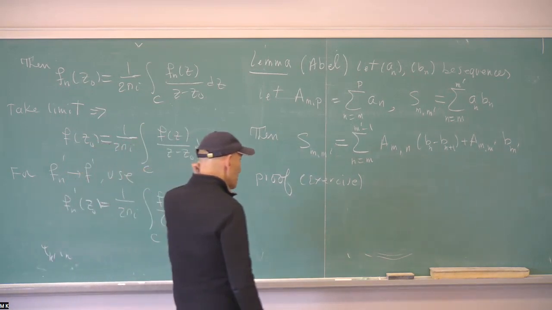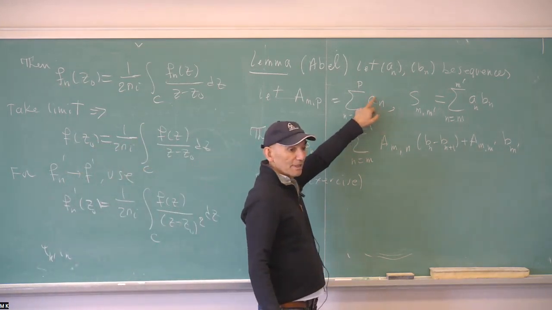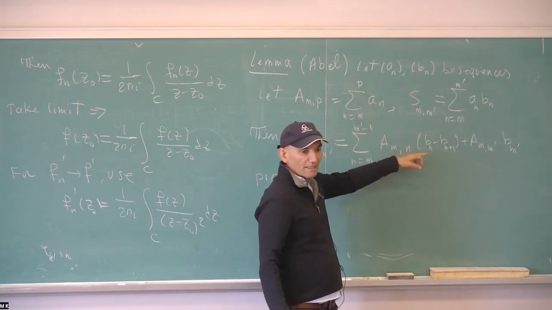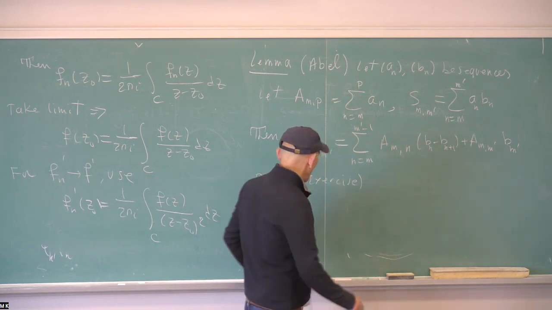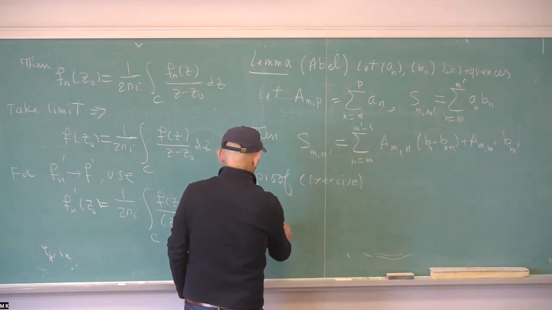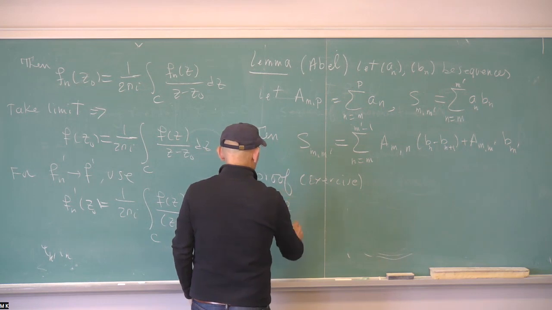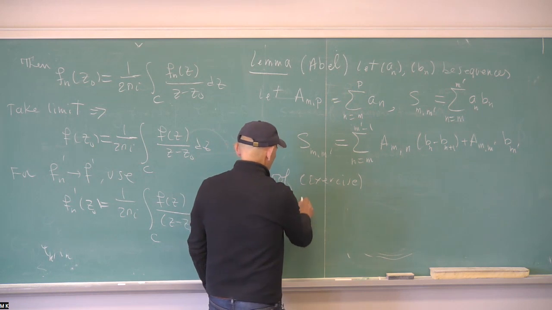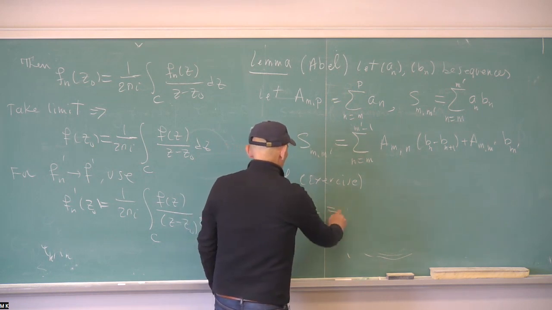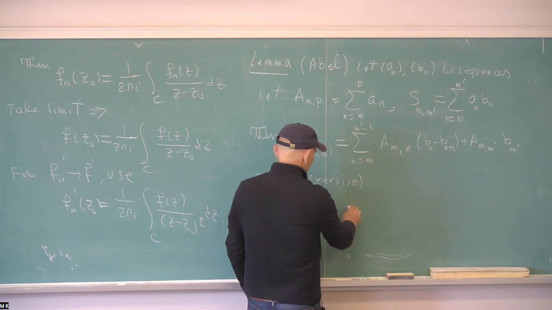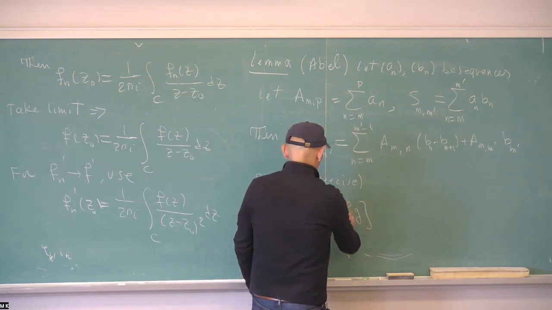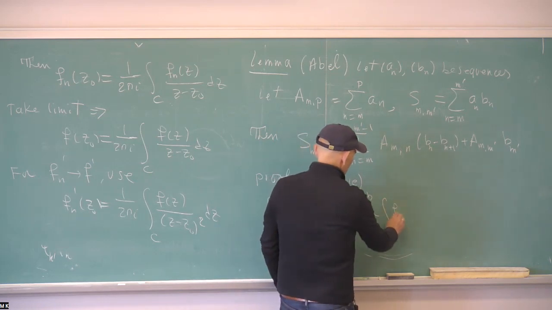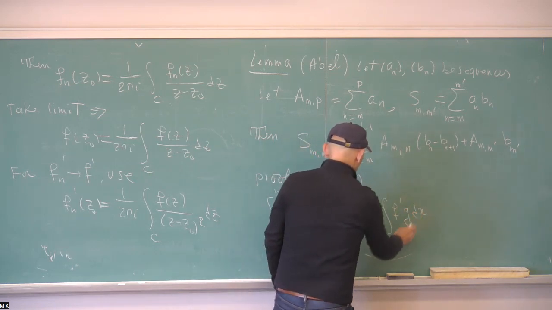If you interpret summations as integrals from this limit to that limit, then you see that this is a discrete version of integration by parts. So the integral from A to B of F G prime dx, right? Is equal to the integral of FG from A to B minus the integral of F prime G. Yes, let me just check.